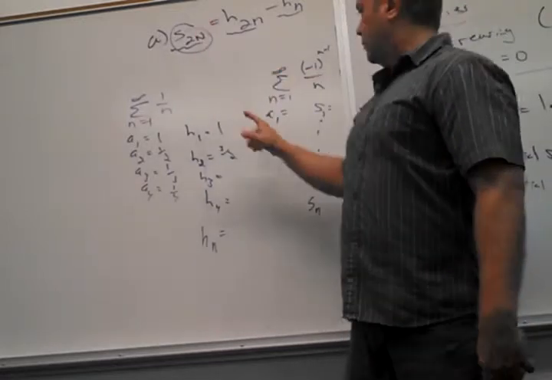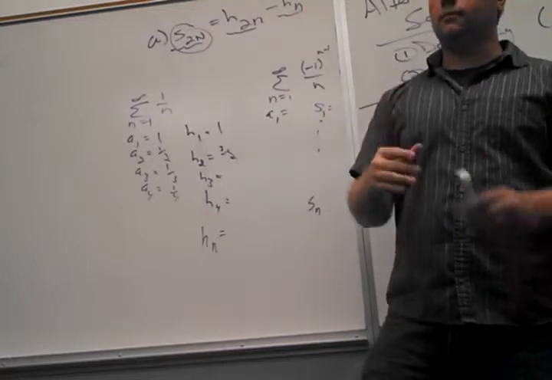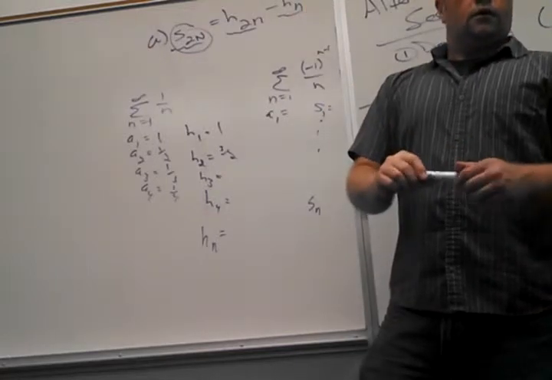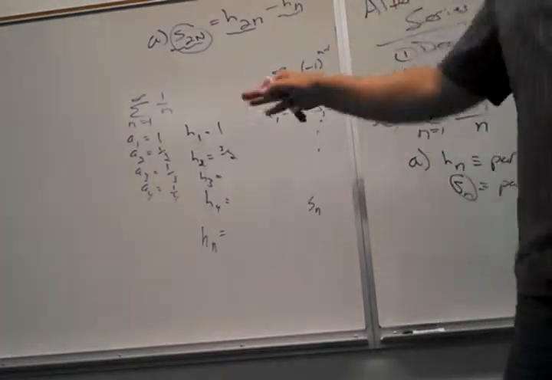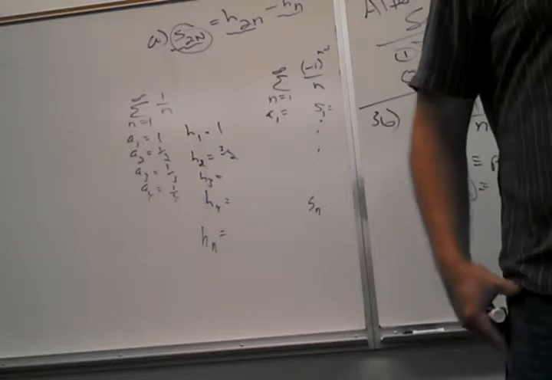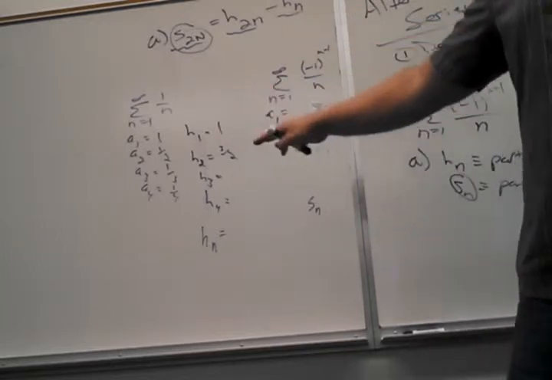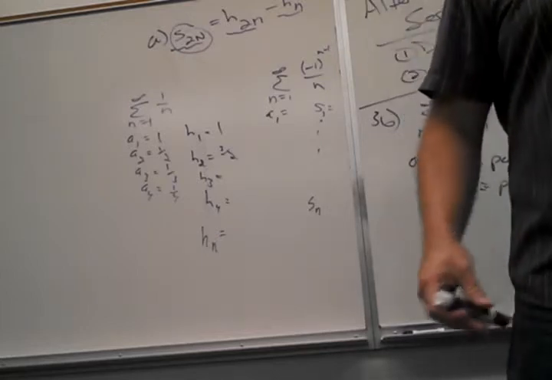S2, S4. So you want to pay attention to S2, S4, S6 and see if there's some kind of pattern within them. But again, if you don't have that list to look at, there's nothing to talk about yet. So try this problem out. Try to make that list. If enough of you have done it by next time, we can try to do this problem together.